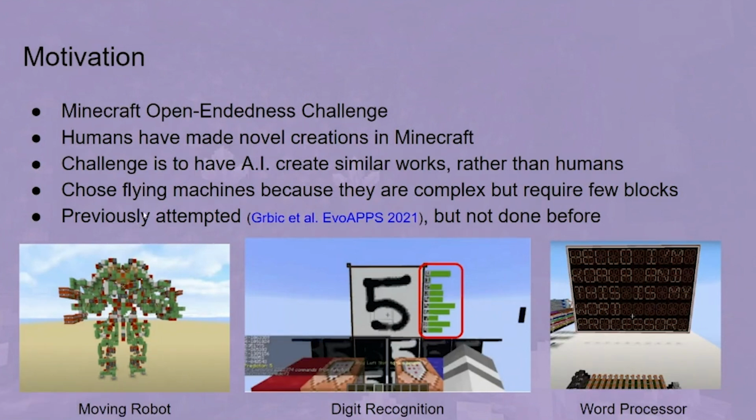This challenge makes it so instead of humans creating these works, AI is the one generating them. And we chose flying machines, which we will get into later, because even though they require so few blocks, the configuration for a successful flying machine is quite complex. And this is proven in a previous attempt, which we will get into a little bit later, that was unsuccessful.